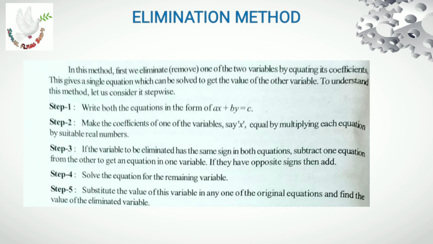If they have opposite signs, then add them. Coming to the fourth step, solve the equation for the remaining variable, and then in the fifth step, substitute the value of this variable in any one of the original equations and find the value of the eliminated variable.